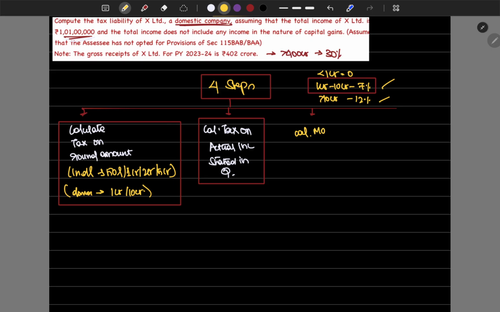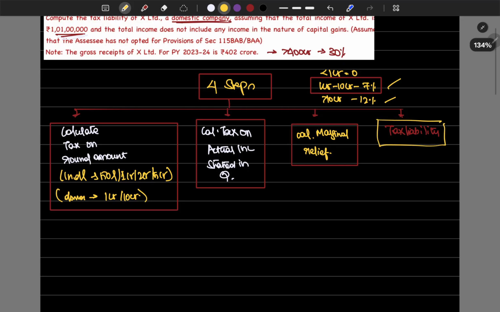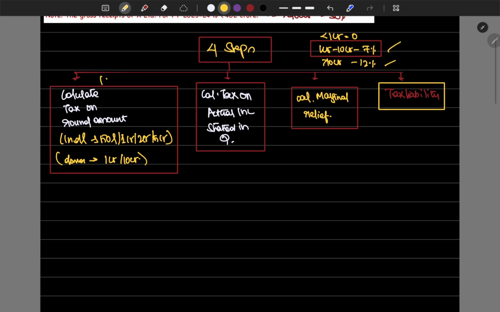With these two data, we are going to calculate the marginal relief, and then finally find out the tax liability. In the first step, include the marginal increase beyond the round amount. That's it. We are set.